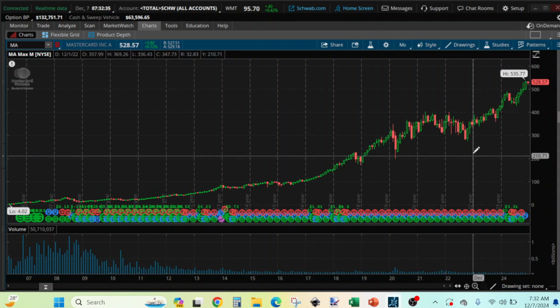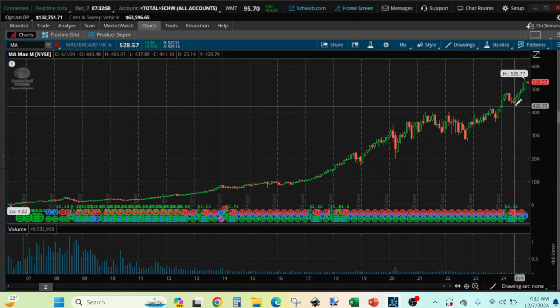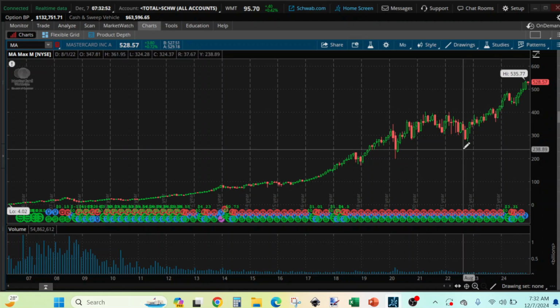So you see those obvious lows on the maximum monthly chart. The maximum monthly chart will just help you know the overall trend of the stock. You see the low is higher than the previous one, which is higher than the previous one, which is higher than the previous one. So we are going to try to trace some lines here, joining those lows.